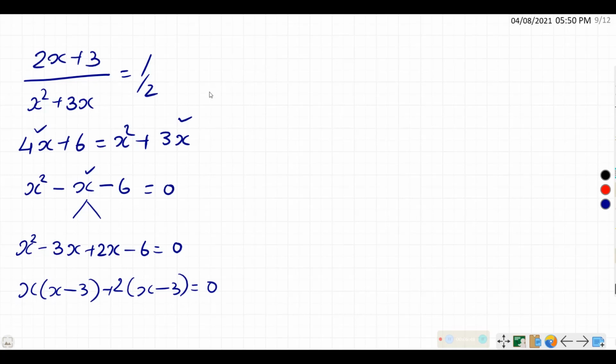That means we are trying to find out x. x can be either 3 or minus 2.